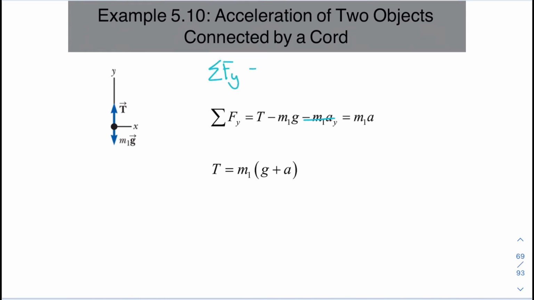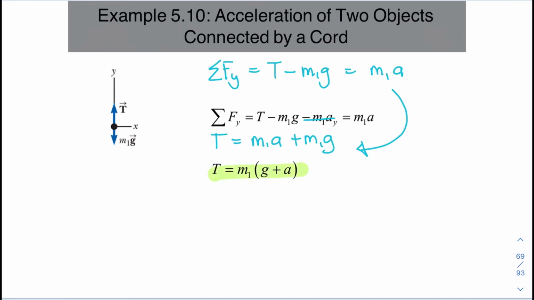Supposedly, T upward minus M1G is equivalent to M1A, since it is moving upward, right? So from here, you are going to have T equivalent to M1A plus M1G.